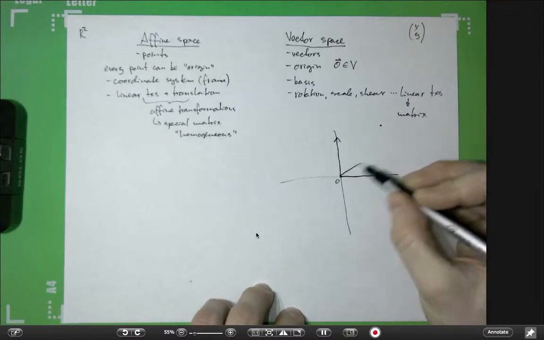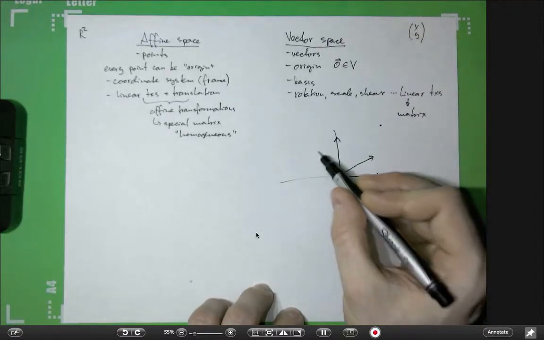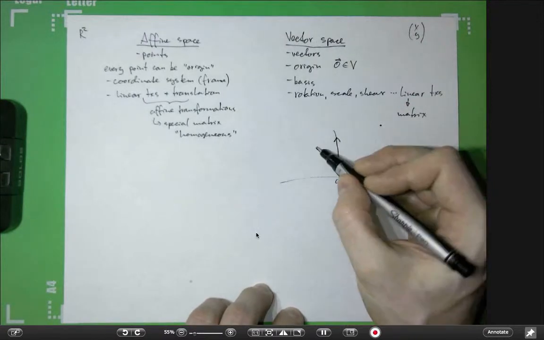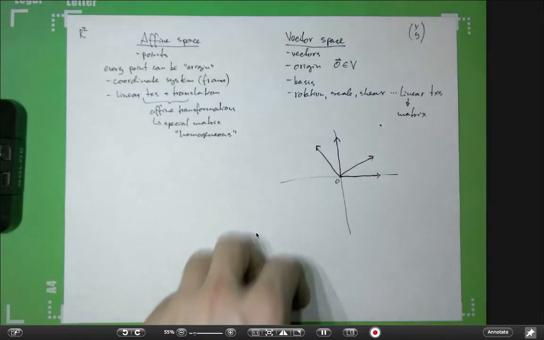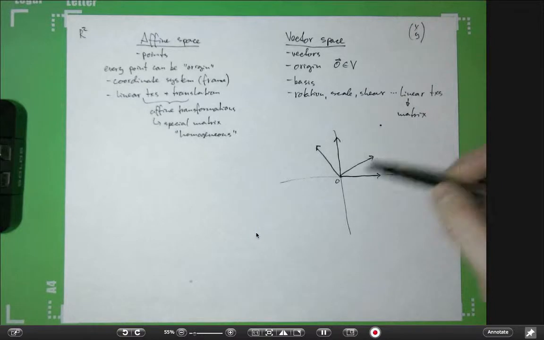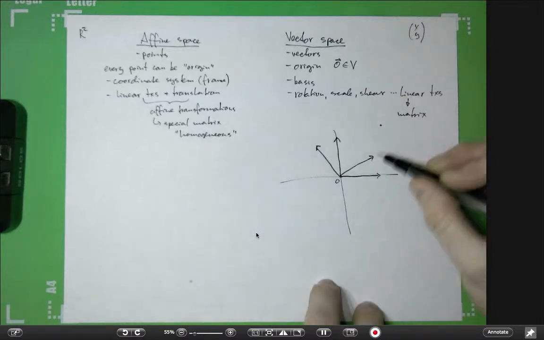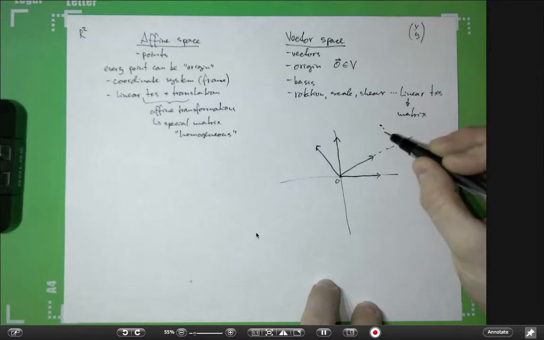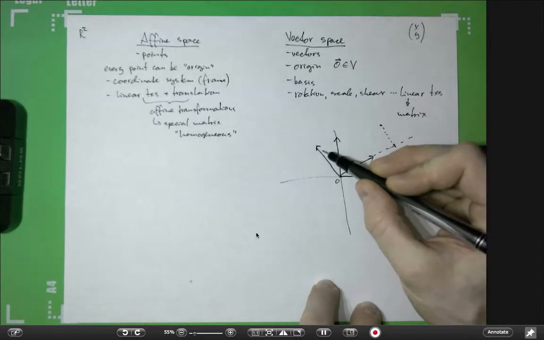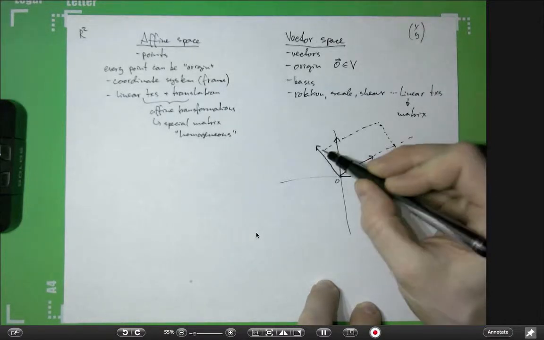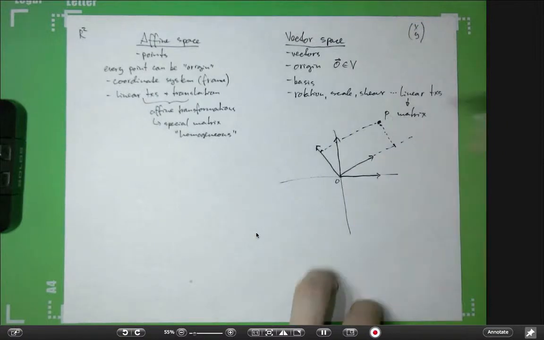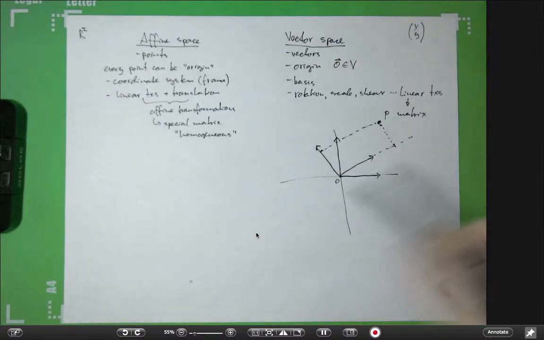I can also take a different basis, not the standard one, and I can still measure the coordinates of the point with respect to the other basis, right? So in this case, I would be projecting on these vectors. So here's my point P. I can express its coordinates with respect to any basis, really.